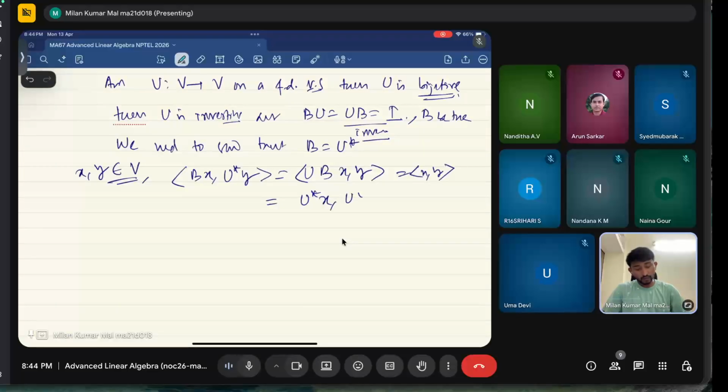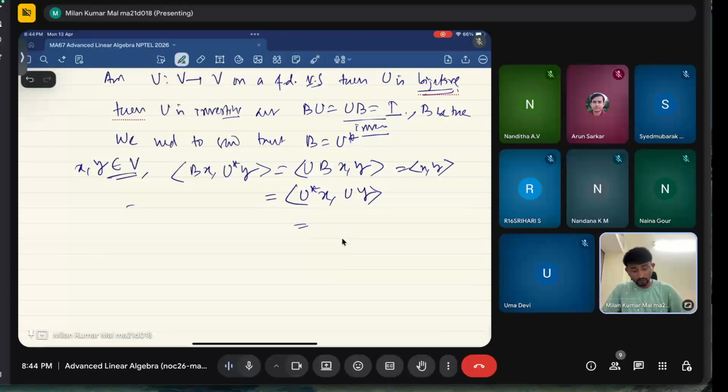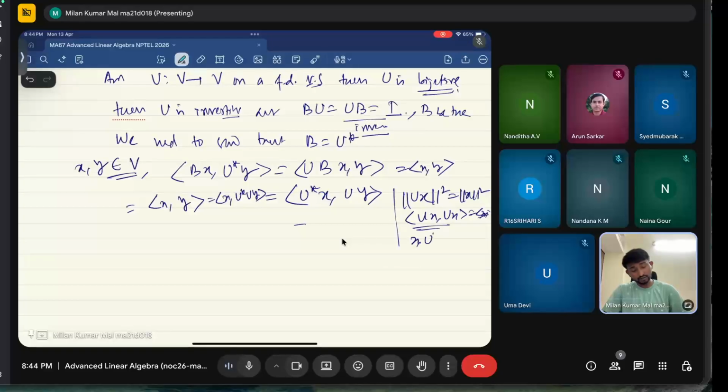Now U star x comma Uy, that has to be equal to, why is this equal, because we can write x comma y, and this can be written as x, U star U y, that has to be equal to 0. And why is this happening? Because we already know that norm of Ux square is equal to norm of x square. That gives that the inner product of Ux with Ux is equal to the inner product of x with x, and this is what it is giving, that the inner product of x with U star U x is equal to the norm of x.